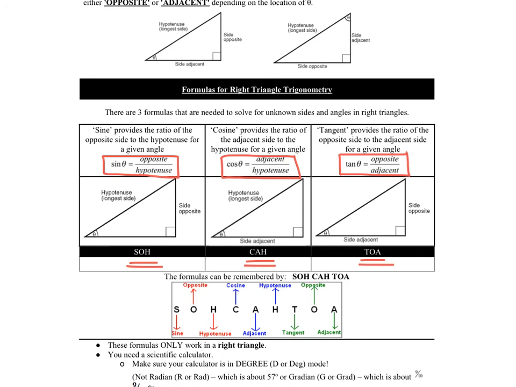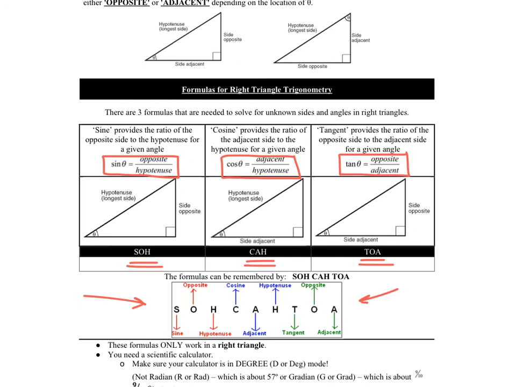So this is just an acronym to help you remember everything. So this right here, super important to remember. Okay, sine is opposite over hypotenuse, cosine adjacent over hypotenuse, tangent opposite over adjacent, and all three of those formulas are written in SOHCAHTOA. Just make sure you remember SOHCAHTOA properly.